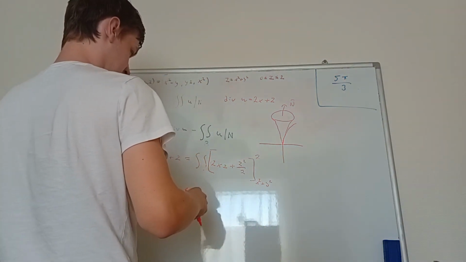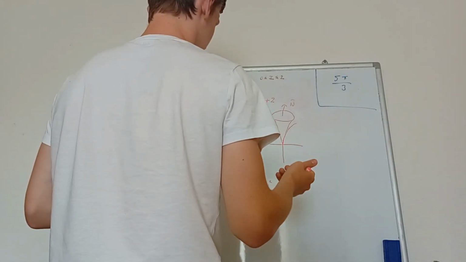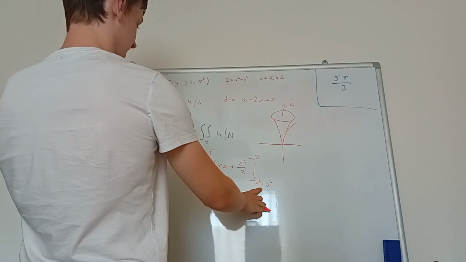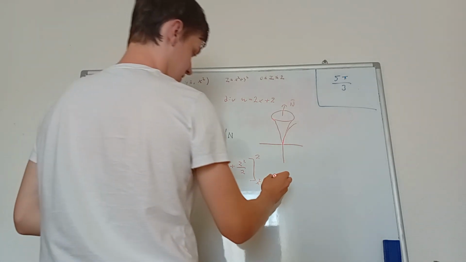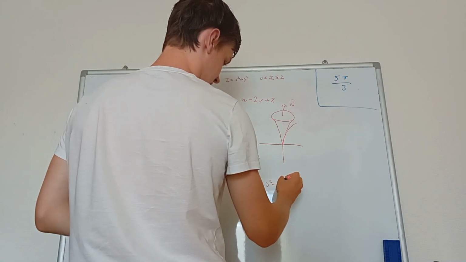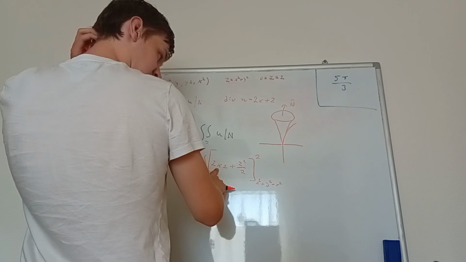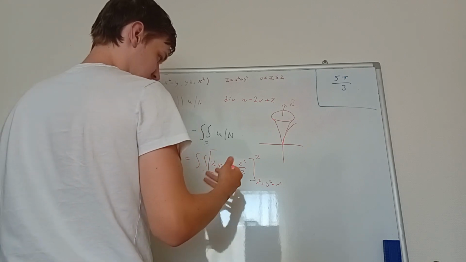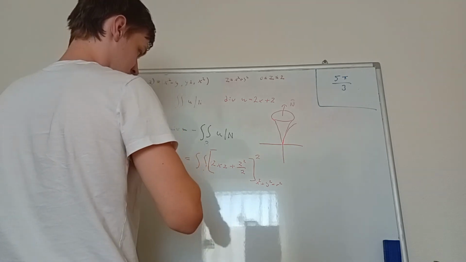So let's put in our borders. If you know cylindrical coordinates, you know that x squared plus y squared is r squared. So this is actually r squared, the bottom border. And when you change this, you also have to change all the x's to cylindrical coordinates, so they match.